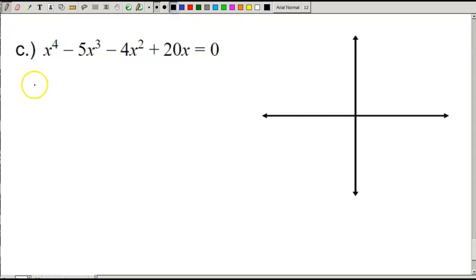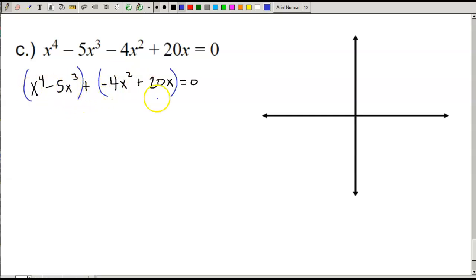When I use factor by grouping, I want to be especially careful, like right here, that can be a little confusing. That minus I'm going to make a plus, and then put this as a negative 4x squared plus 20x. It's really just the same thing, but I like to group these so that I have an addition in between here, and I don't try to cut this off in a weird way.